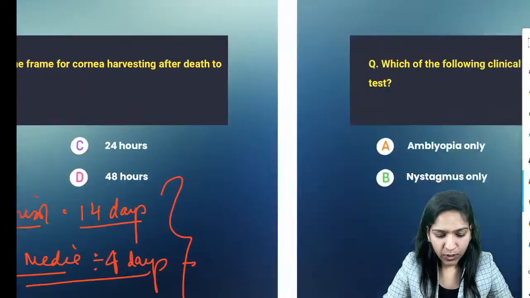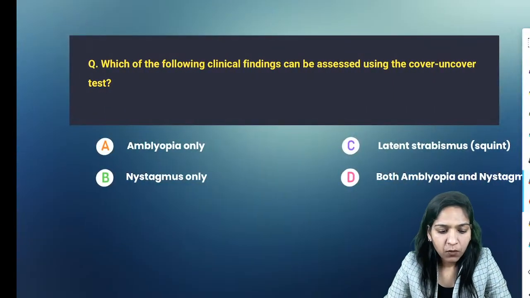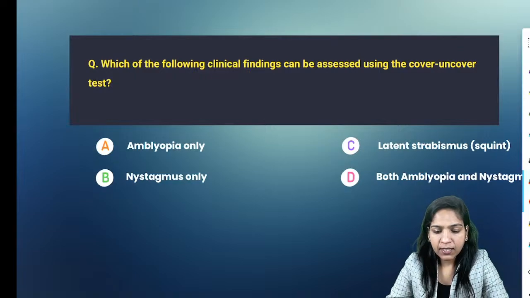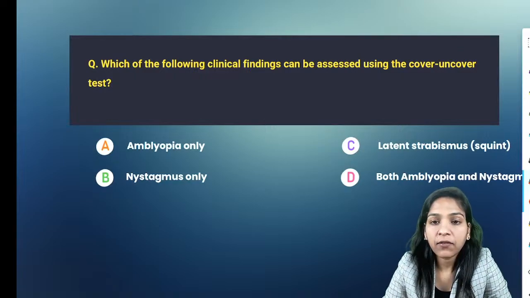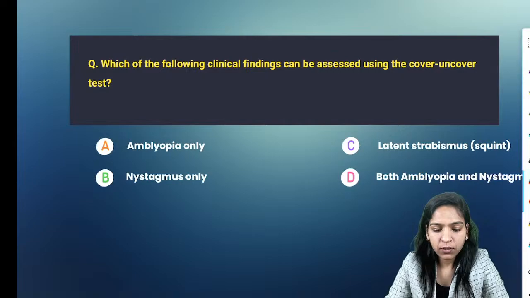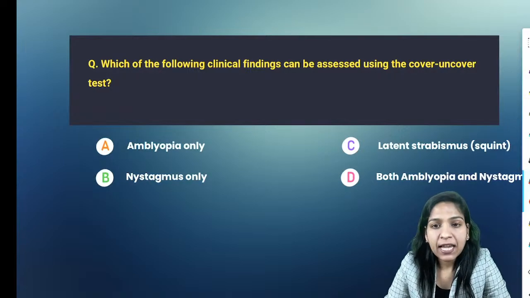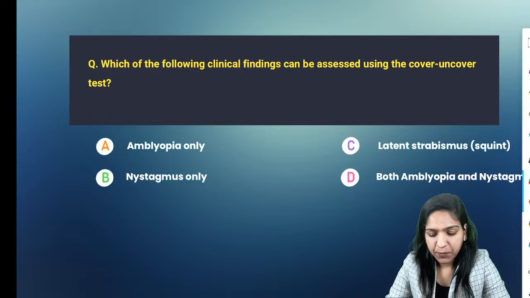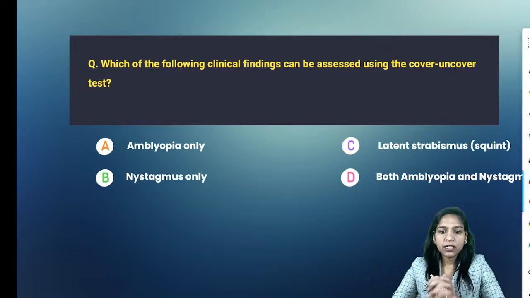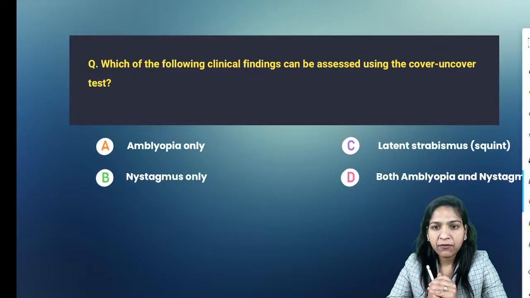Next question: which of the following clinical findings can be assessed using the cover-uncover test? The options were amblyopia only, latent strabismus, squint, nystagmus only, or both amblyopia and nystagmus. I have explained this very well in my videos on examination of squint.